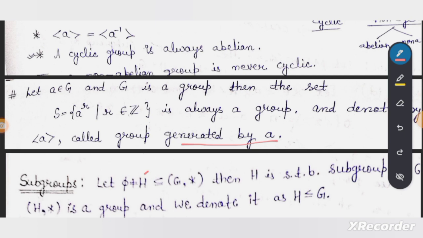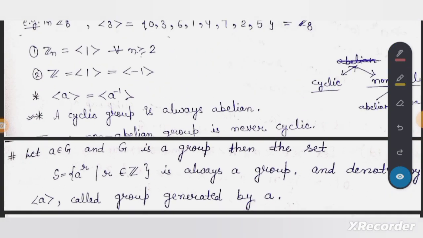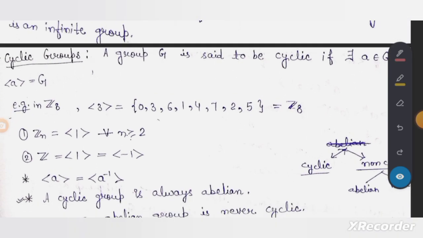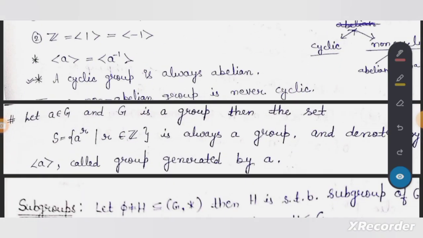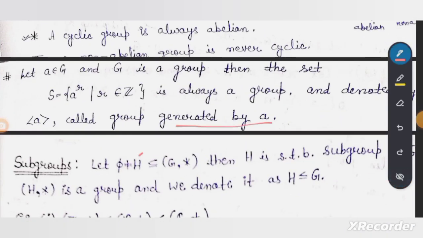Okay. Now come to our definition of cyclic group. So what is a cyclic group? A cyclic group is basically a group where there exists A belonging to G such that the set generated by A is equal to G. Here we have read that the set generated by A is always a group.